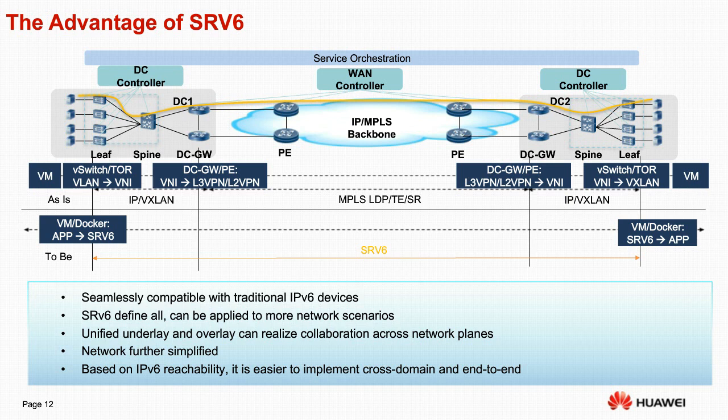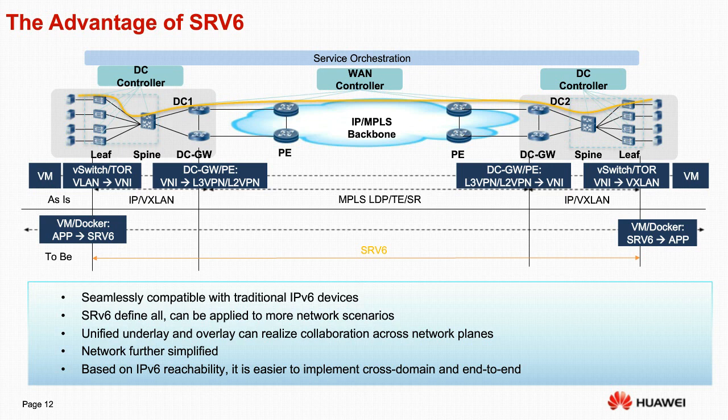So there is the gateway. In the gateway device, we have to map from VXLAN to MPLS L3 VPN or L2 VPN. At the other side, we need to map the L3 VPN or L2 VPN back to VXLAN.